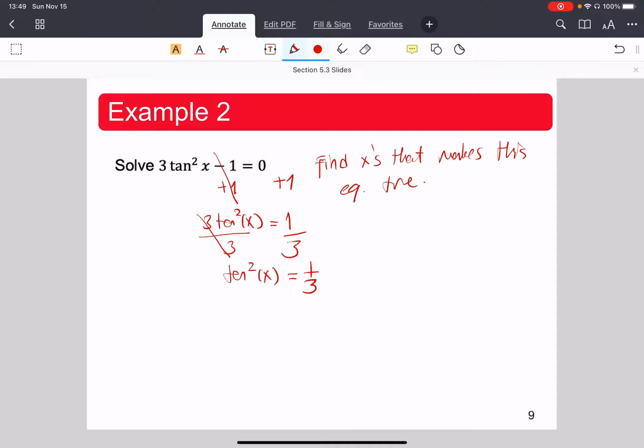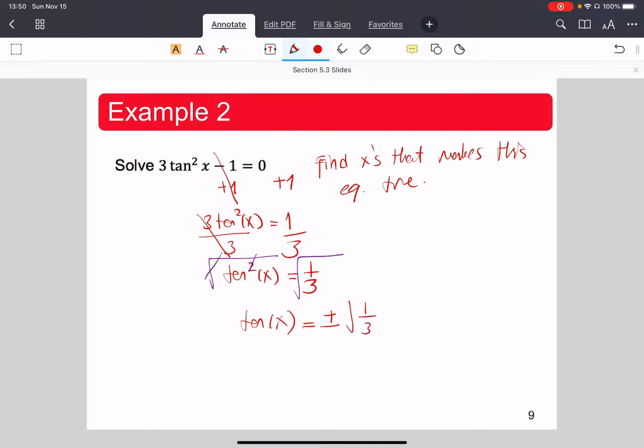We're almost there, except the tangent function is being squared. So what we're going to do is take the square root of this. That'll cancel the square, so then the tangent function would become tangent. You guys realize because I'm taking the square root, I'm always going to have a positive and negative version.